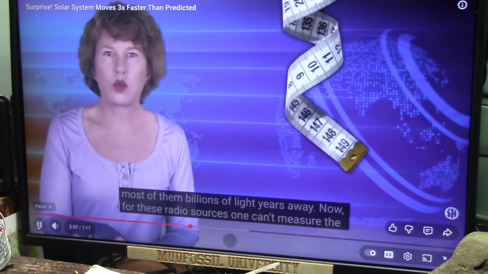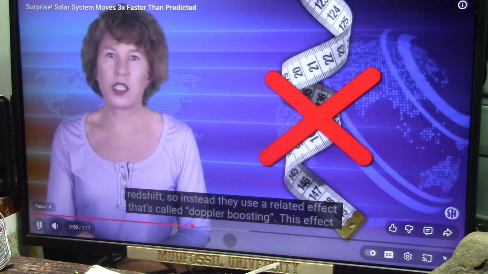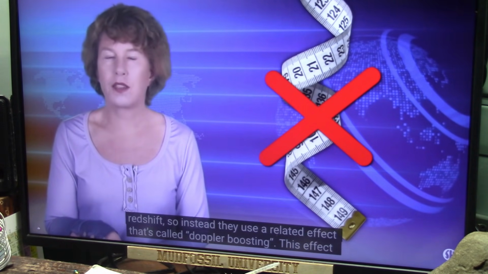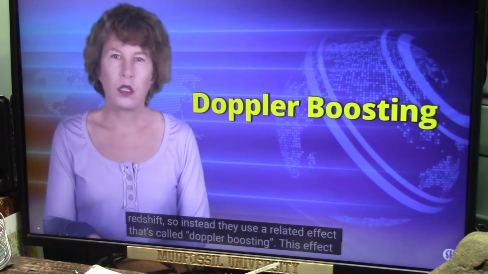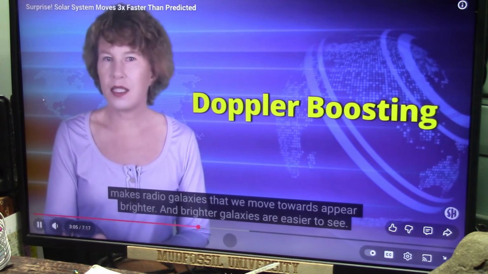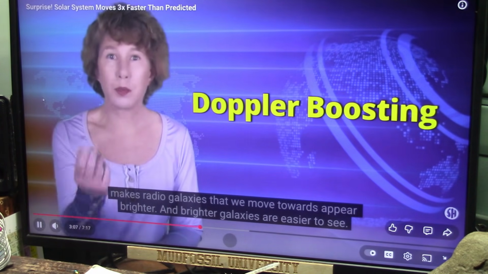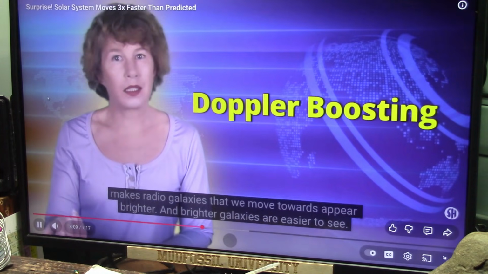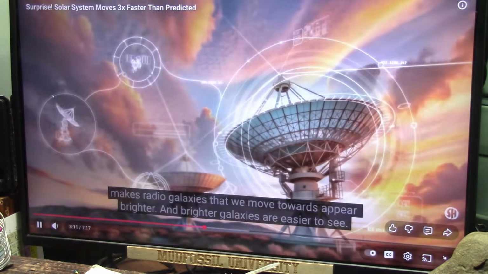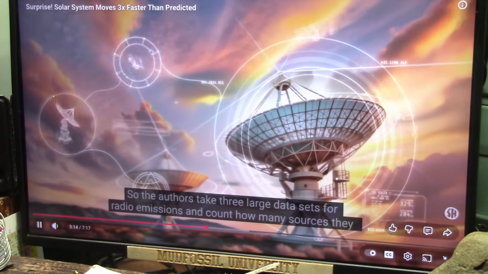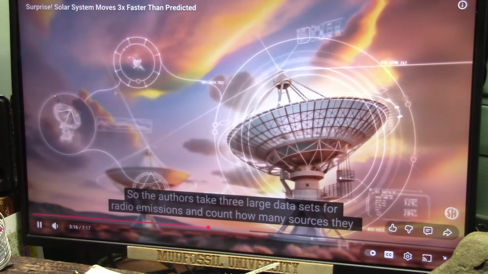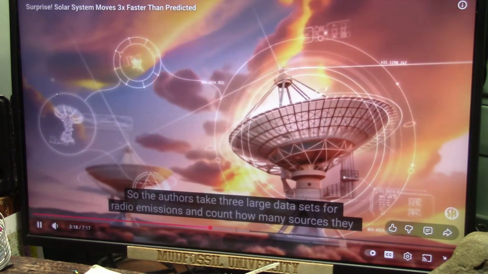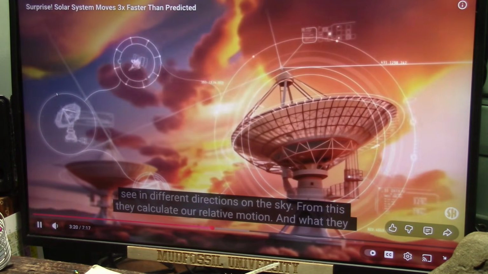"For these radio sources, one can't measure the redshift, so instead they use a related effect that's called Doppler boosting. This effect makes radio galaxies that we move towards appear brighter, and brighter galaxies are easier to see. So the authors take 3 large data sets for radio emissions and count how many sources they see in different directions on the sky.